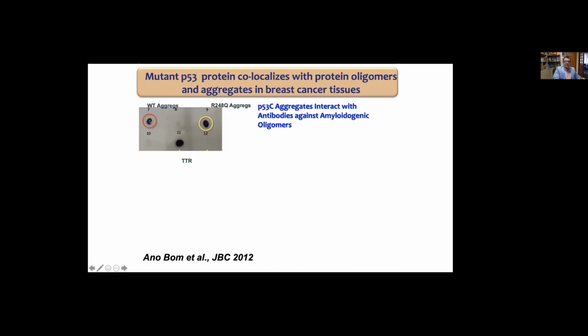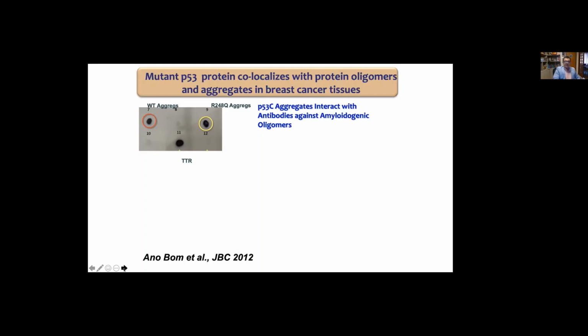In this case we used A11, which recognizes amyloid oligomers, and clearly it shows that the soluble wild type protein gives no signal, no binding, and when it's in the aggregated state, we have the signal. We used transthyretin from Deborah Fowler's lab as a control, and that showed it recognized.